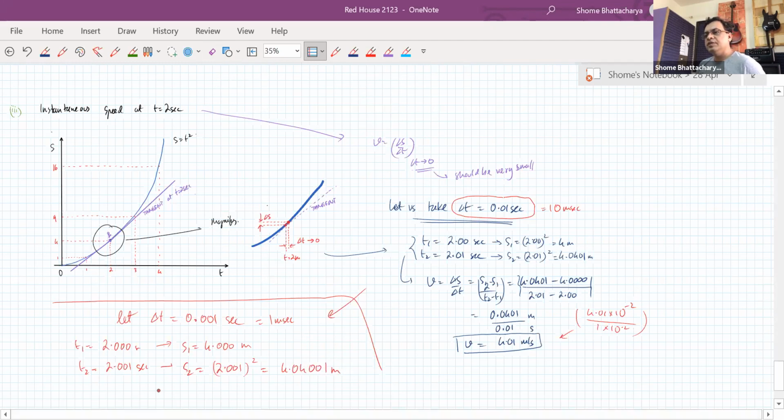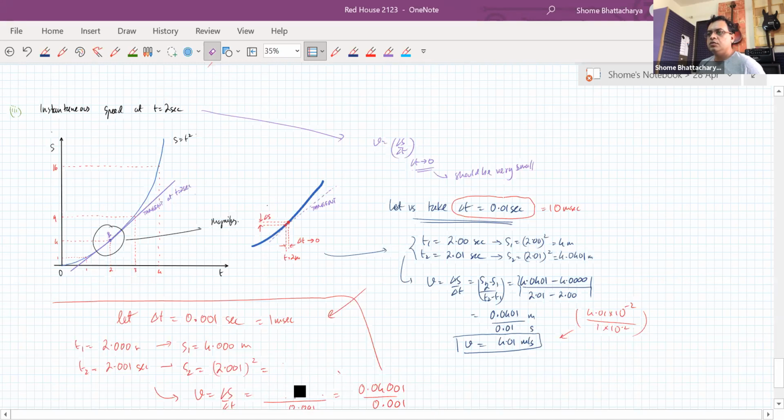Okay, so this time if I check my instantaneous speed, which is delta S by delta T, 2.001 square is 4.004.